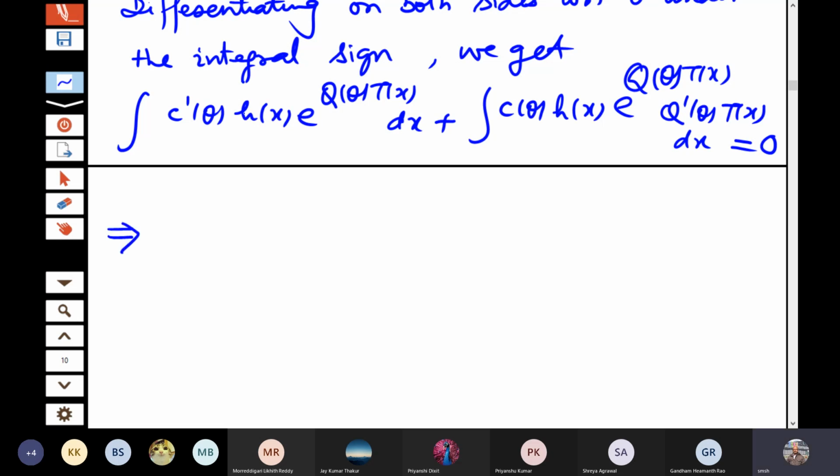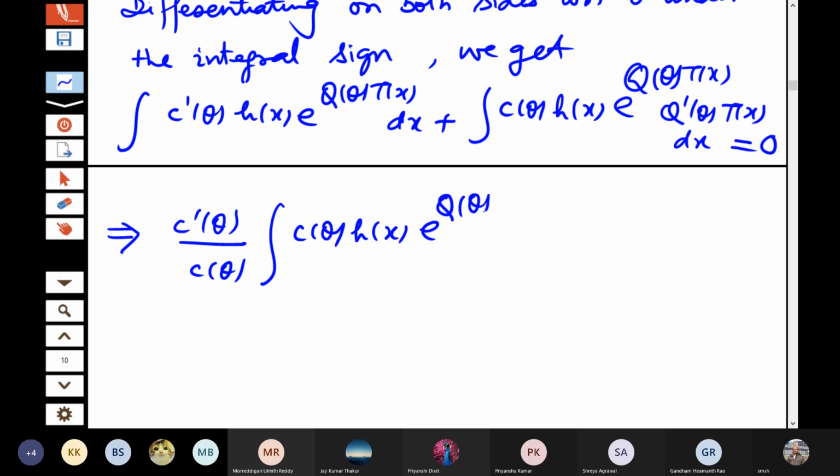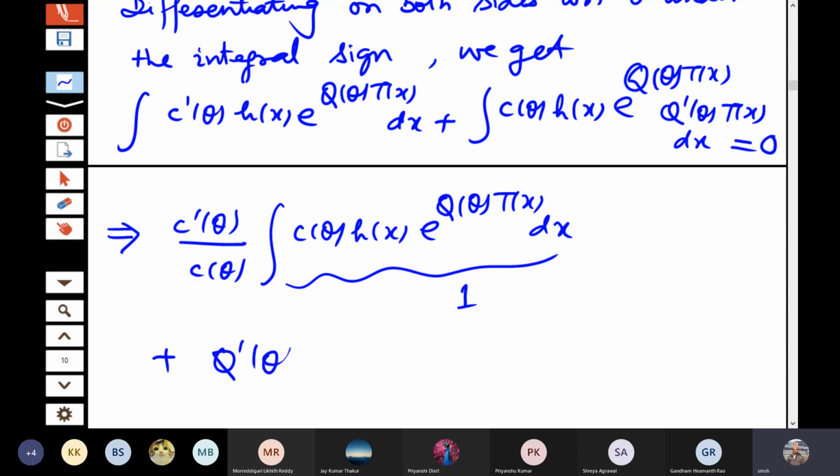So the first term, see, if I divide by c theta and multiply by c theta, then it will become integral of the density function. So this term will become 1. And what is the second term? Second term is nothing but q prime theta expectation of tx, because it is this thing multiplied by the density function integral. So that is nothing but this.